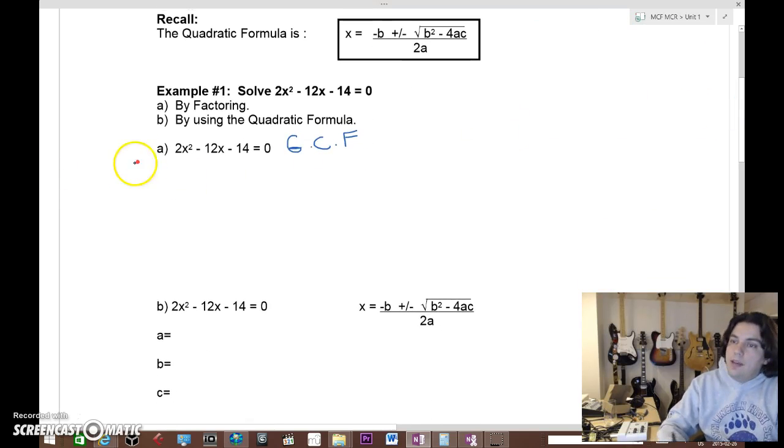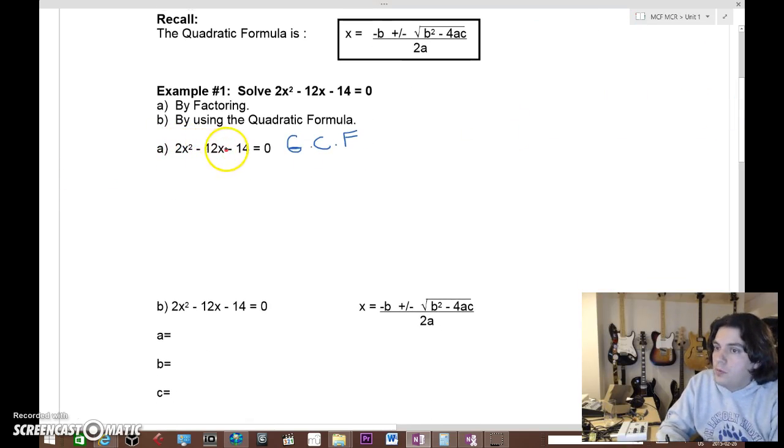Here we have this quadratic function, 2x squared minus 12x minus 14, and it's equal to 0. That's the setup for solving it, because what we're saying is, what values of x can we put into this function that will make the y value 0? In other words, what values can we put in for x that will land this right on the x-axis? And we call those the y-intercepts.